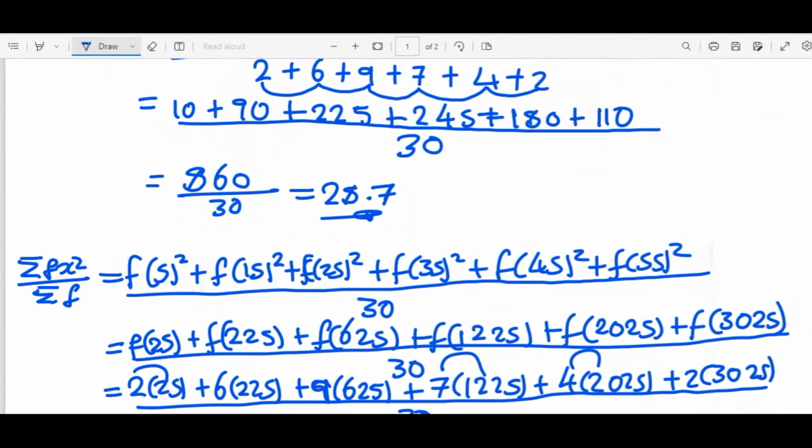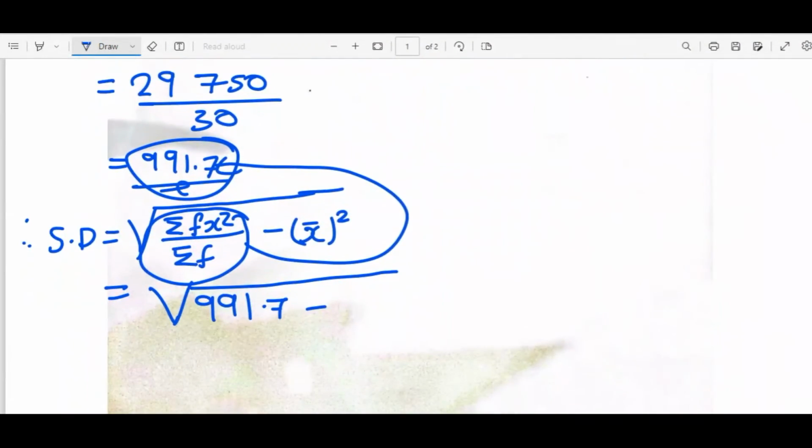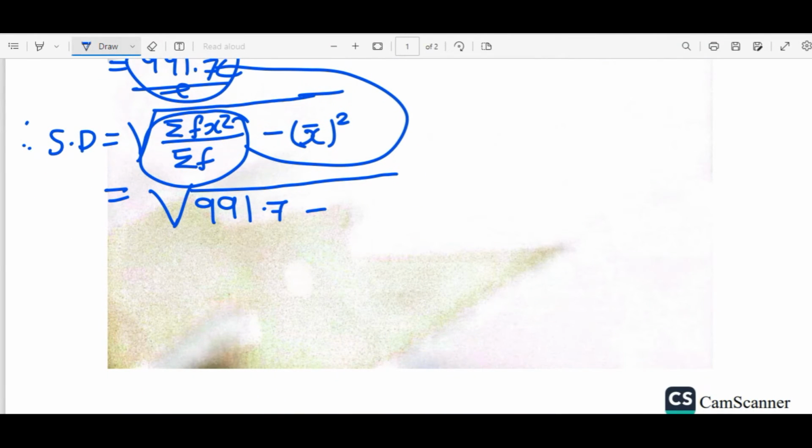What was our mean? So the mean is 28.7. Now we need to square that number. 28.7 squared, so I'm getting 823.69.